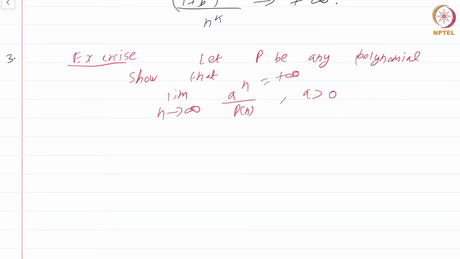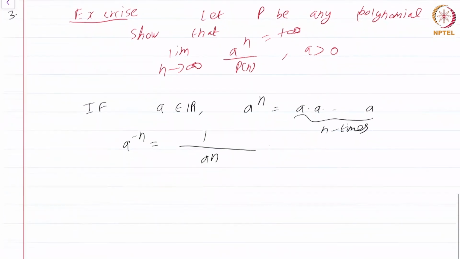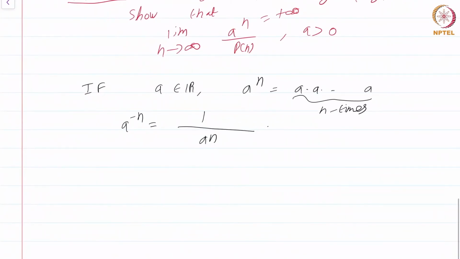Before that, let me just make a remark. If a is a real number, then we all know what a power n is. This is just a multiplied n times, right? And a power minus n is just 1 by a power n. Okay, this is all valid when n is a natural number.